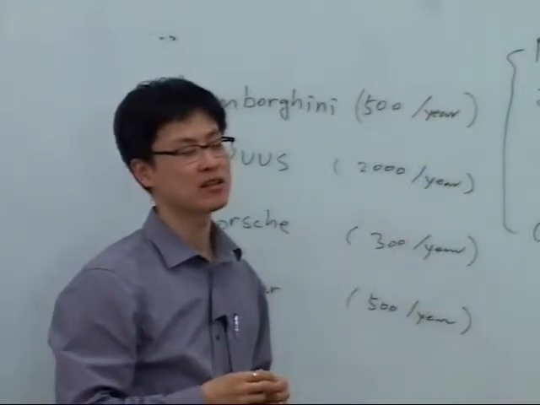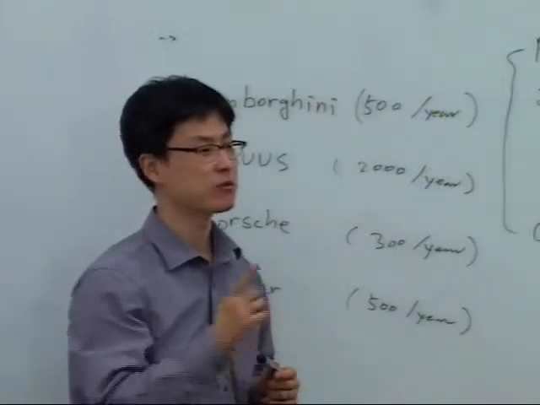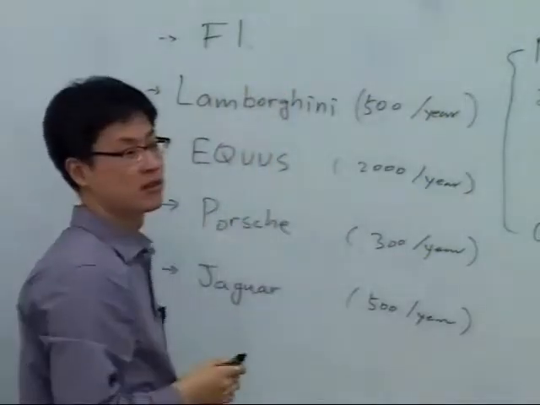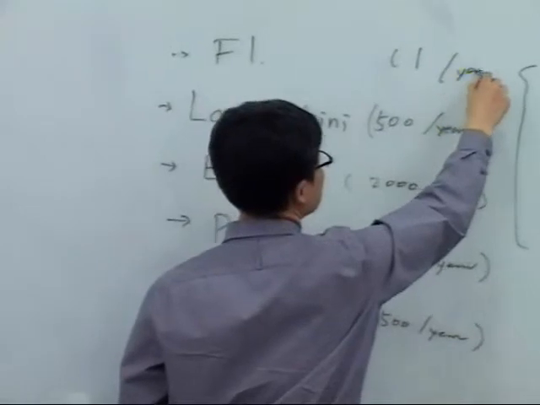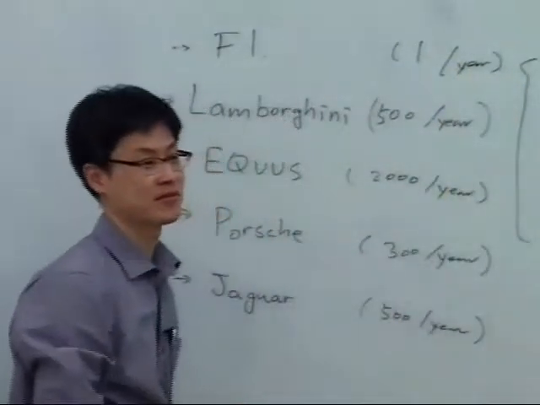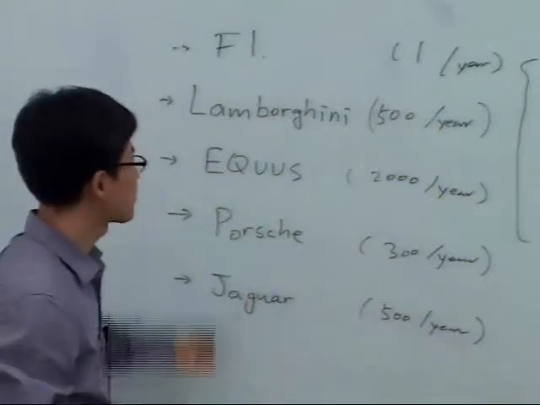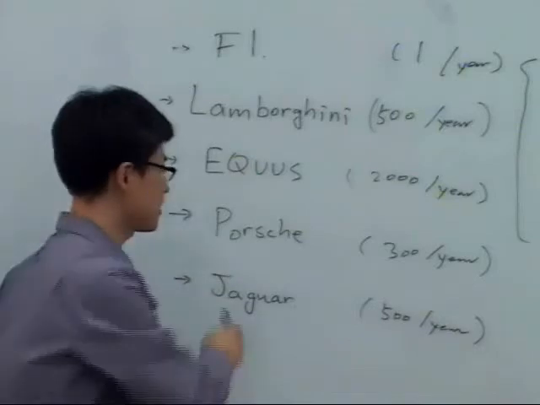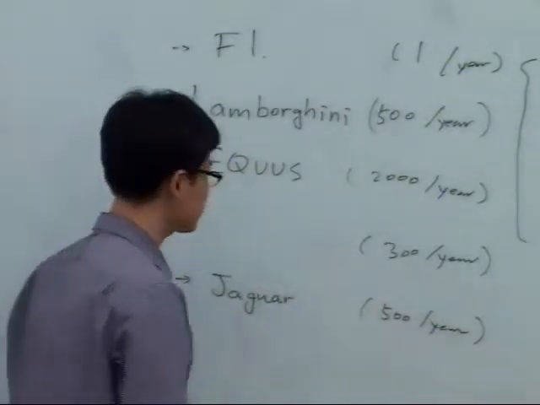Have you ever heard of any type of car racing? F1, okay, Formula One. Maybe it's one, right? Okay, Lamborghini is good, so the number is similar. Let's cancel these two out and bring some more popular thing.